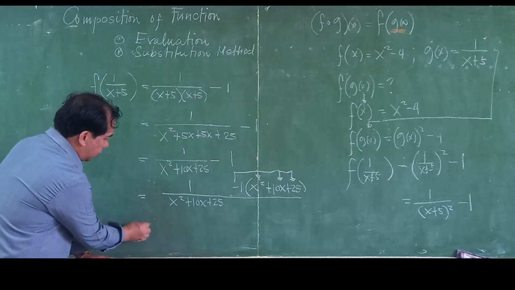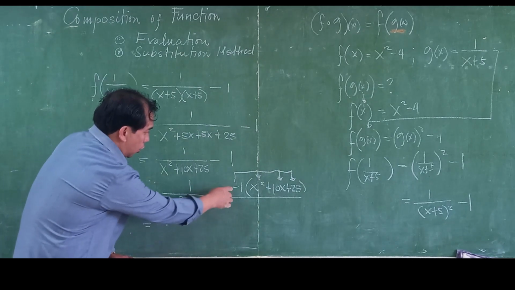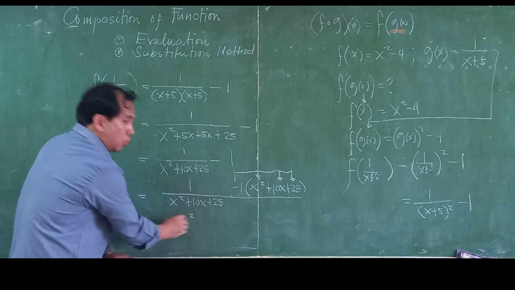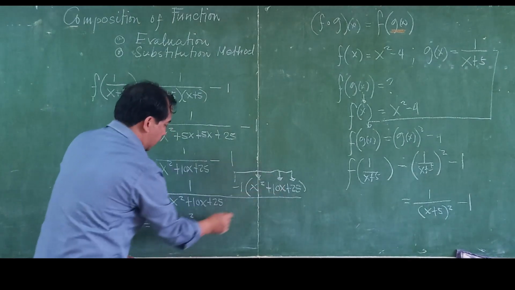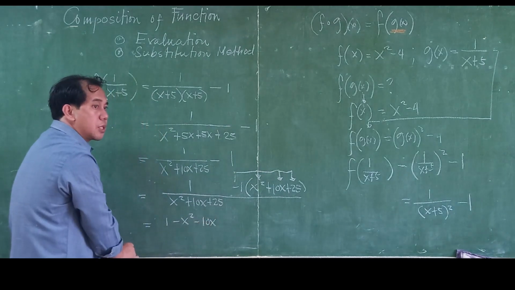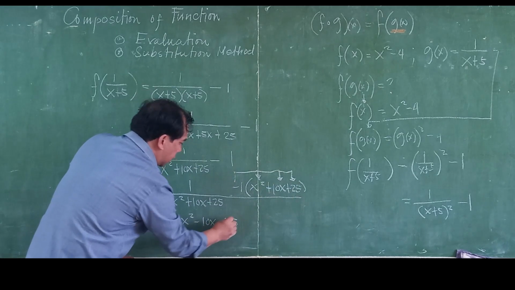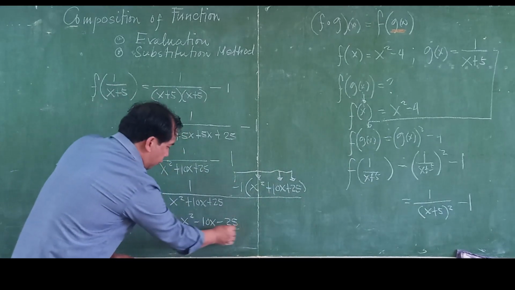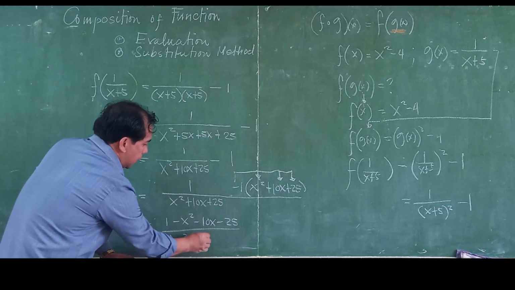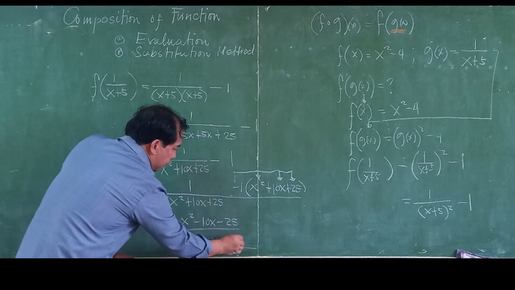Okay, so we have now 1 minus distribute, negative x raised to 2. Distribute, negative 10x. How about here? Negative 25. Over the denominator, x raised to 2 plus 10x plus 25.